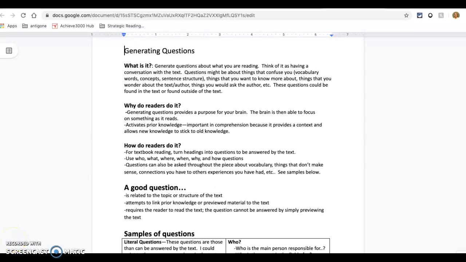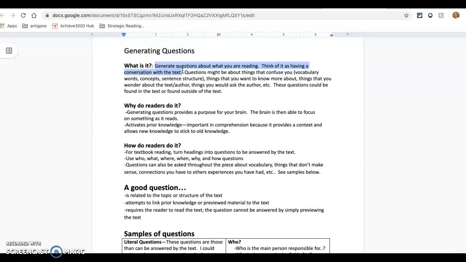All right, so the next strategy that goes along with pre-reading and activating prior knowledge has to do with generating questions. It's important to generate questions because essentially you're having a conversation with the text. If your brain is not engaged, if it's elsewhere, it's probably best to close the book and come back when you are able to give the text the full attention that it needs.